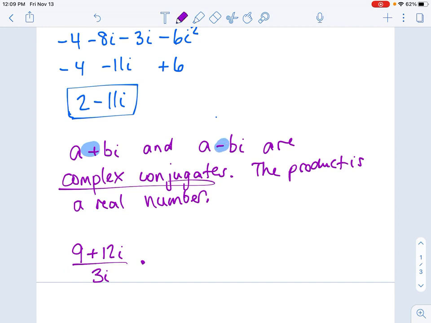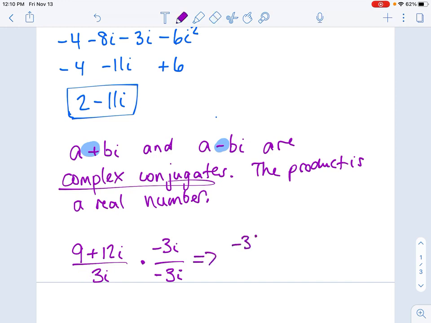Right now we have 0 plus 3i. That means we're going to change it to minus 3i and multiply both the numerator and the denominator. This guy's equivalent to 1, so we're keeping everything the same. It's just going to look different.